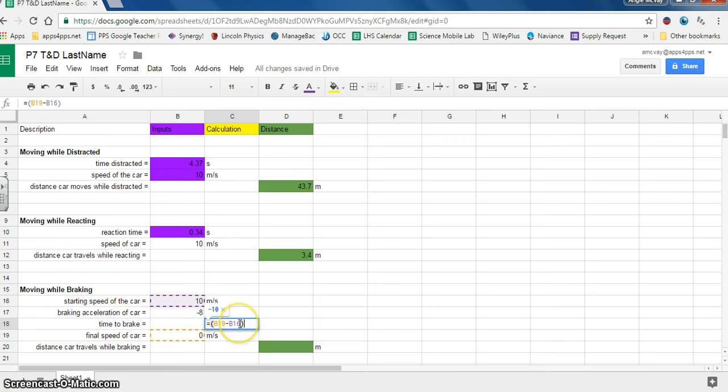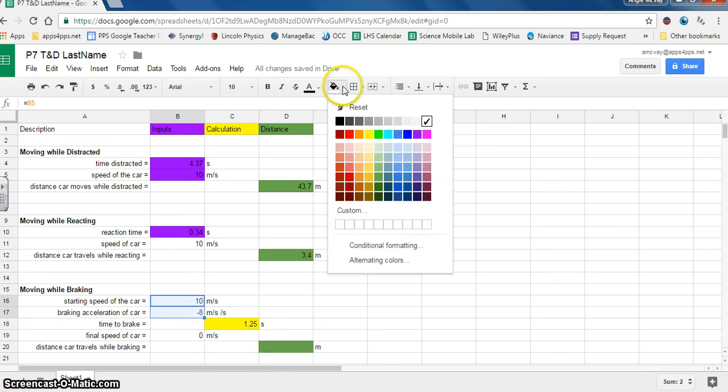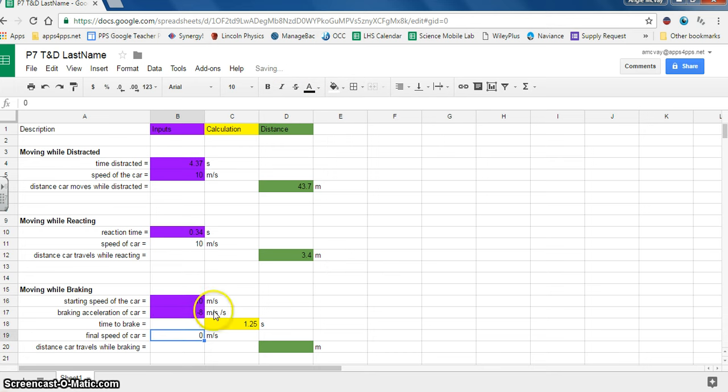Then I will divide by the acceleration, which is -8. And that's what we got, 1.25 seconds as the time. I'm going to highlight these inputs as purple. That one's purple, and this one is purple also.